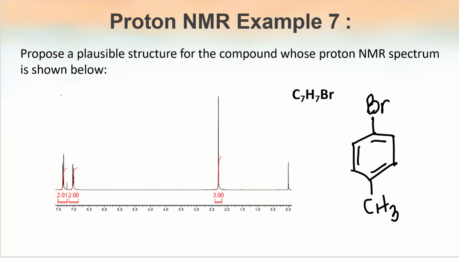And the 2 doublets, we know based on our previous experience with those 2 doublets in that region that these hydrogens would be the same and these hydrogens would be the same, right?